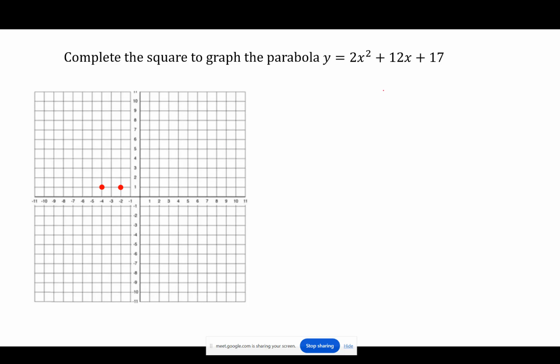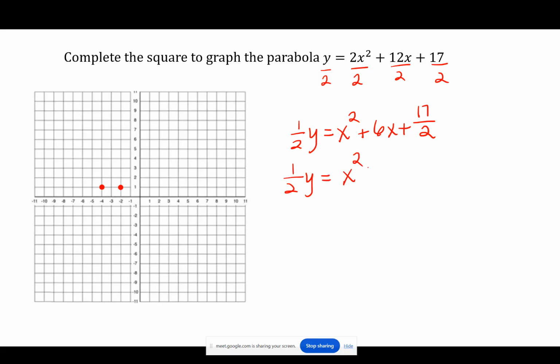So when we do that, we're going to have 1/2 y is equal to x squared plus 6x plus 17/2. To complete the square, we're going to leave the left side of this equation alone. And we're going to write x squared plus 6x plus blank plus 17/2 minus blank.